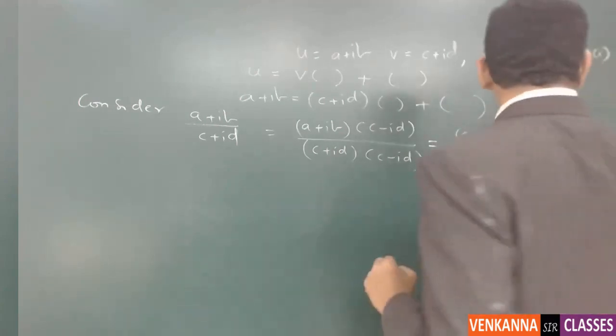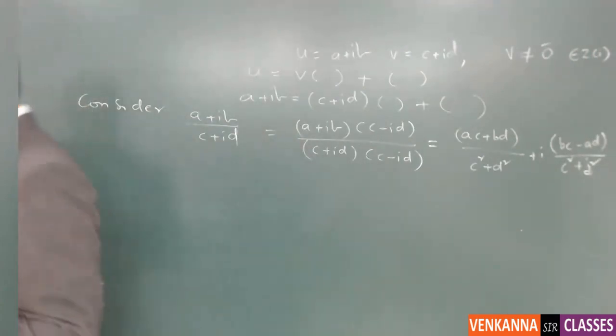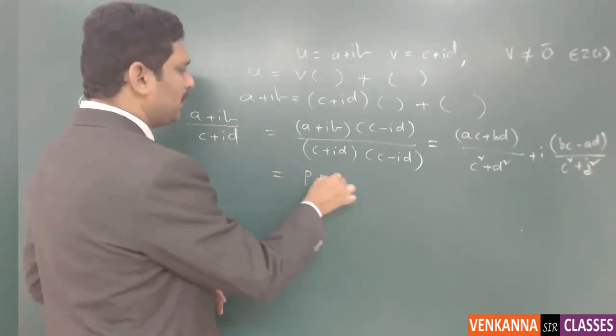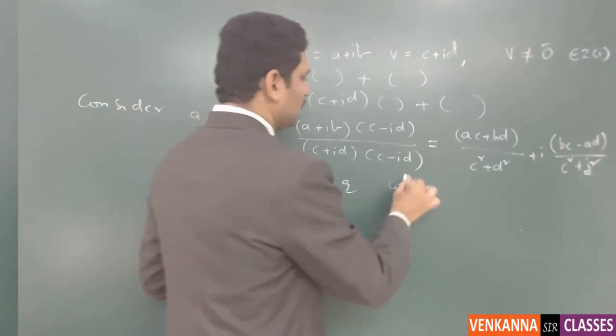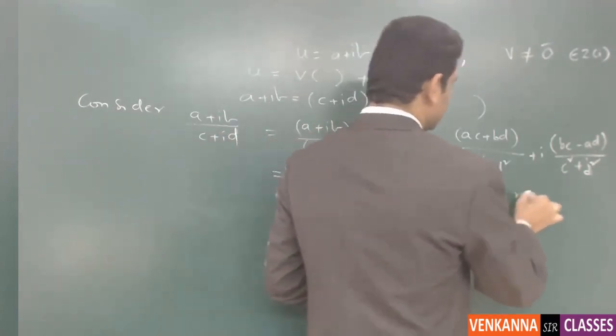Accepted all? Please check. I simply multiplied the values and separated the terms. So it is of the form P plus iQ, where P, Q are rationals.